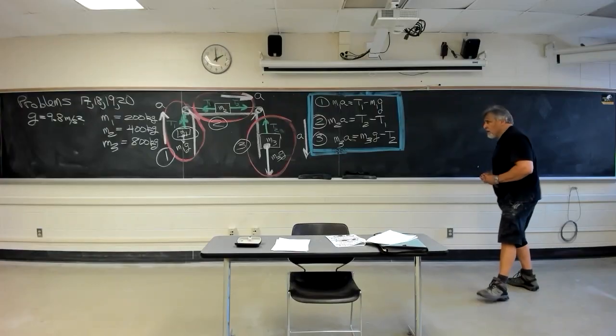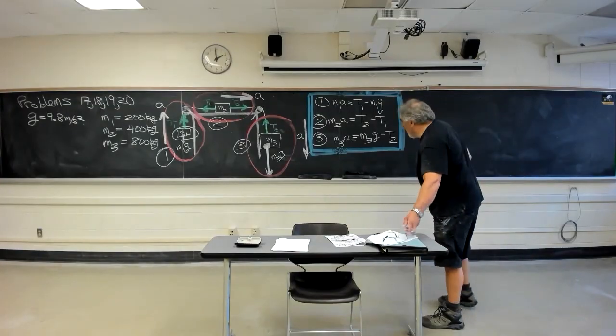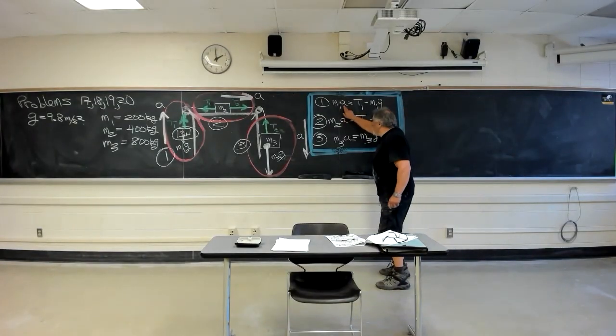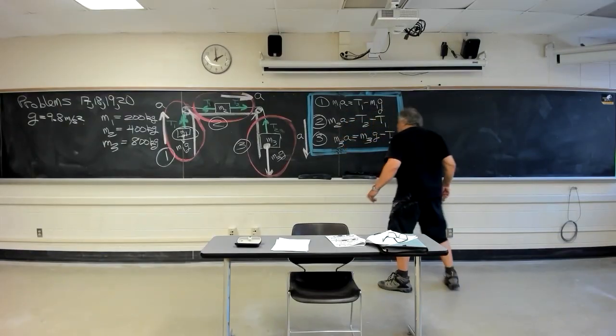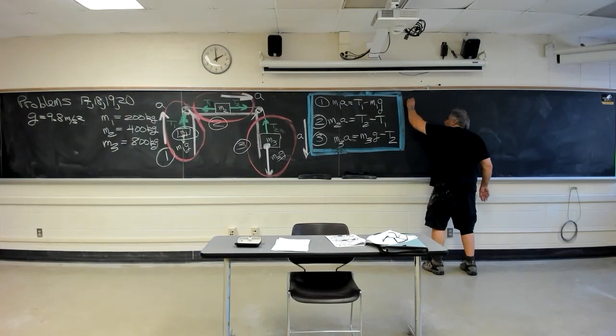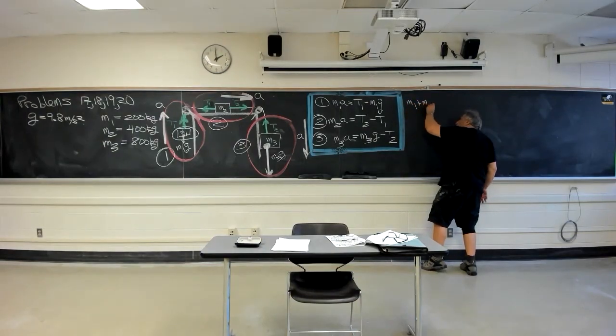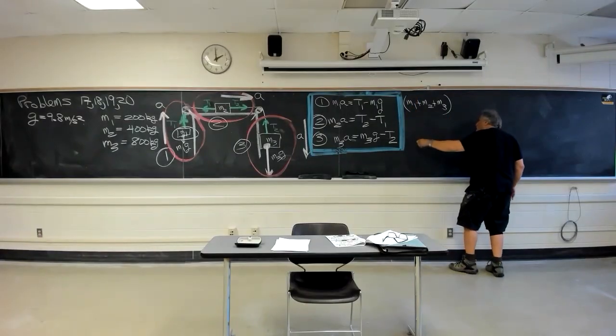Tell you what I'm going to do. Let me solve for a. Let me add all three of these equations together. M1A plus M2A plus M3A is the quantity M1 plus M2 plus M3 times a.